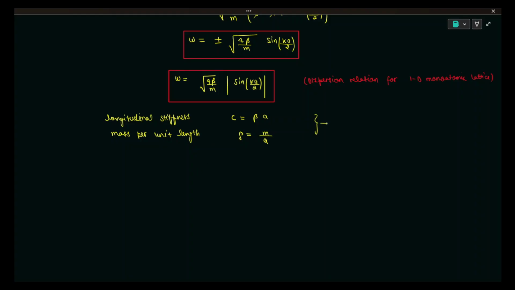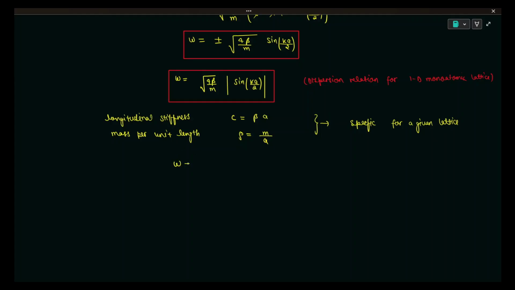Now these two quantities are specific for a lattice. So this means that we can modify our dispersion relation, which is very specific to any given lattice.